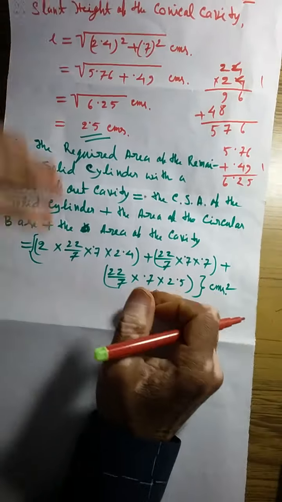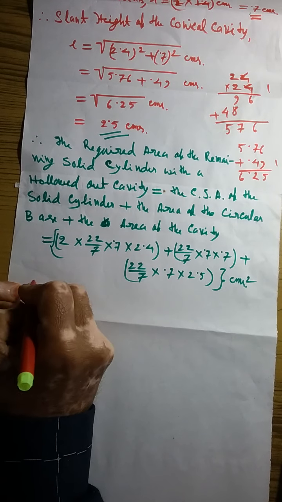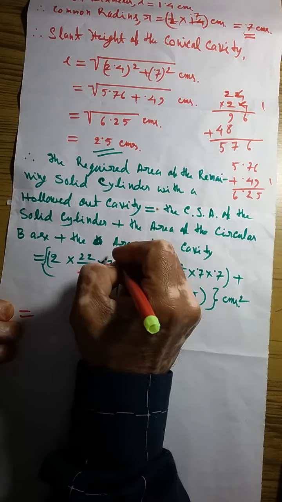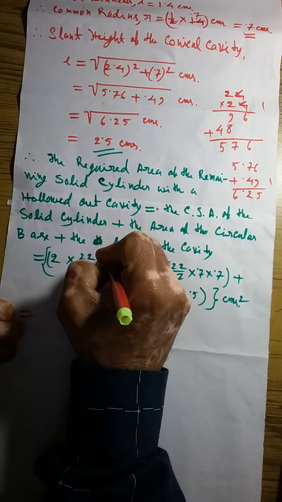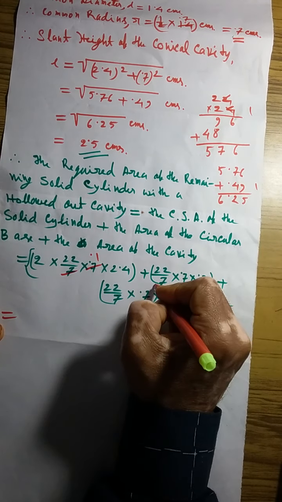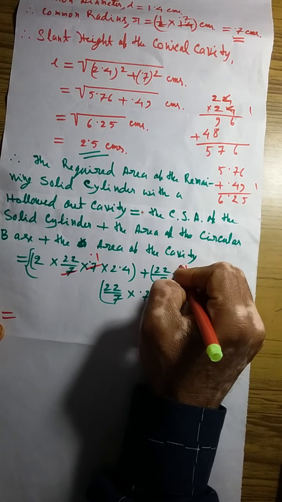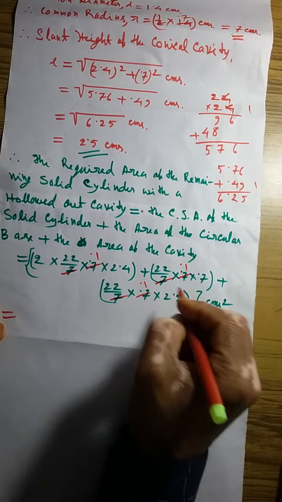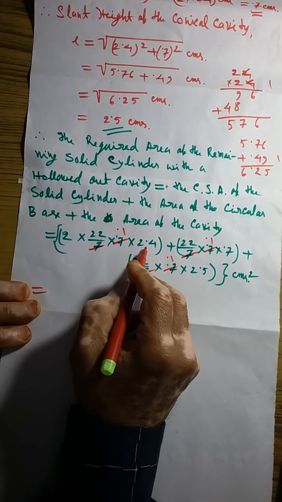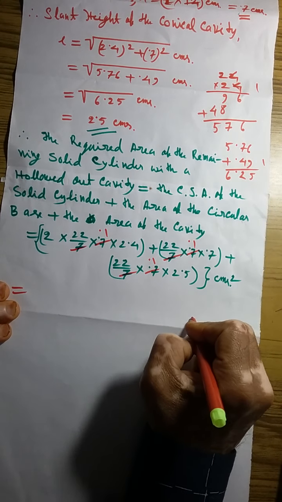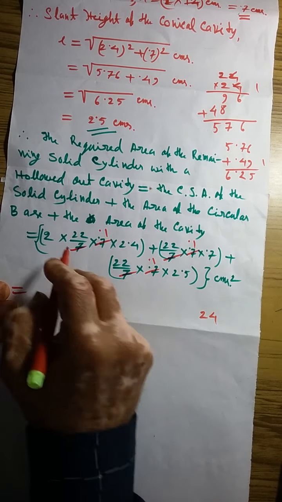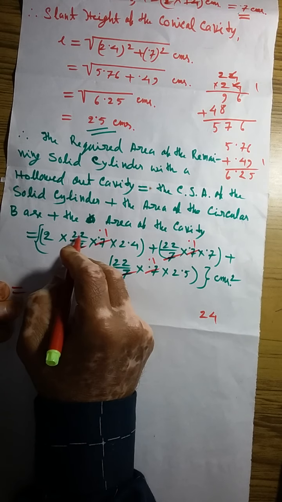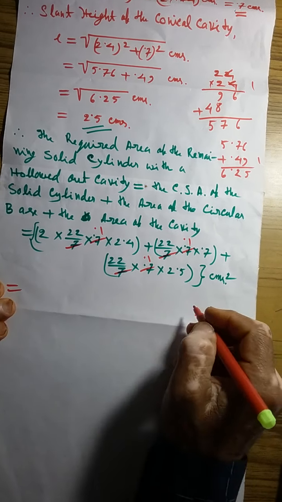After this, let us proceed in this way. Now if we do cancellation here, 7 1 is 7, so we will have 0.1 here. Again 7 1 is 7, we will have 0.1 here. 7 1 is 7, so we will have 0.1 here. Now if we multiply 24 and 44, if we multiply 22 by 2, we will get 44.